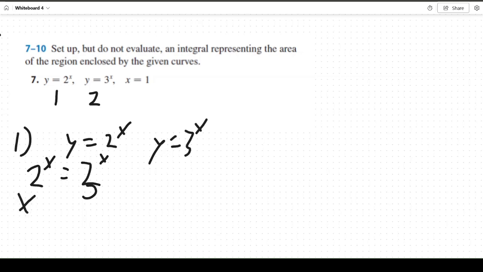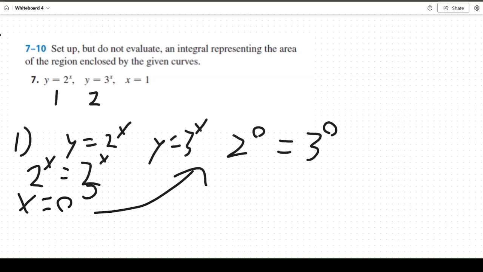Let's try x equals 0. So plug in 0 for x. Anything to the power of 0 will be equal to 1, so in this case they are both equal to each other.